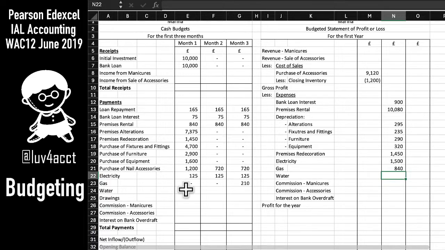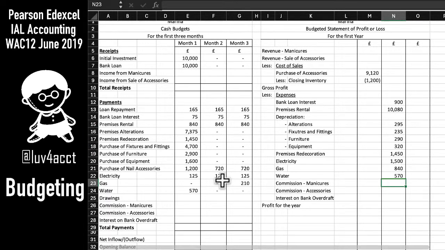And then water will be paid on the first day of month 1, 570 for 1 year. Water 570 directly for 1 year. Finish. We have finished most of them already.